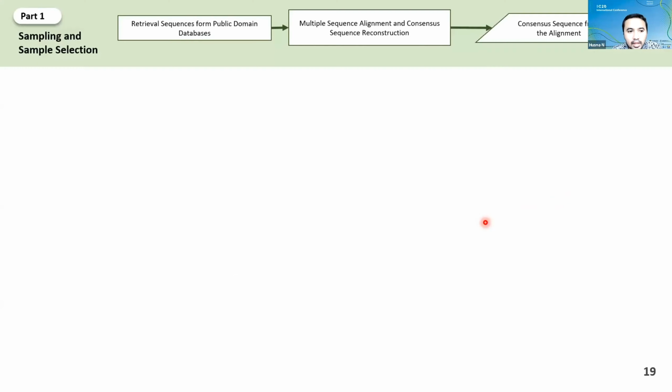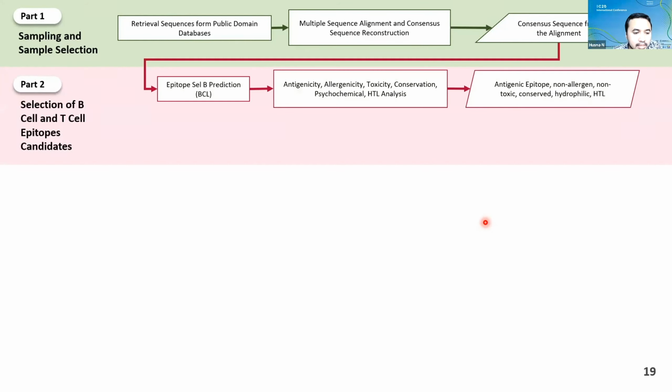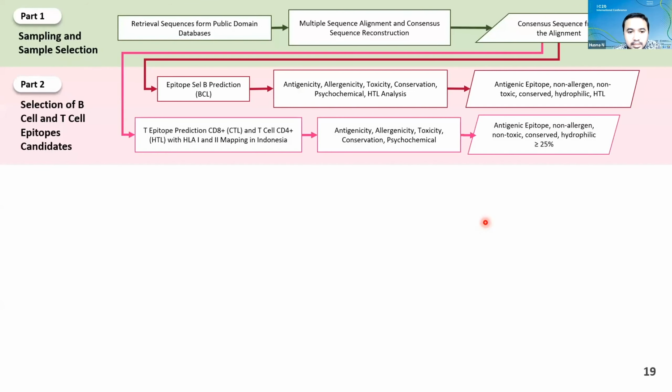I try to make it brief. Here we can start from sampling and sample selection, and then select B cell and T cell epitope candidates.